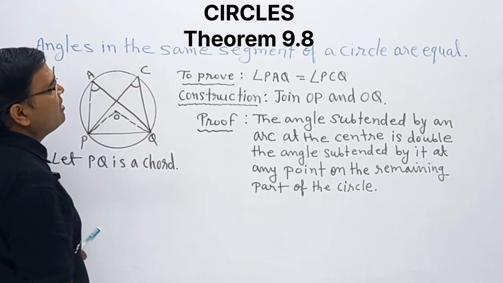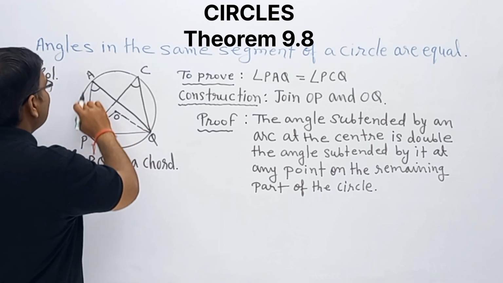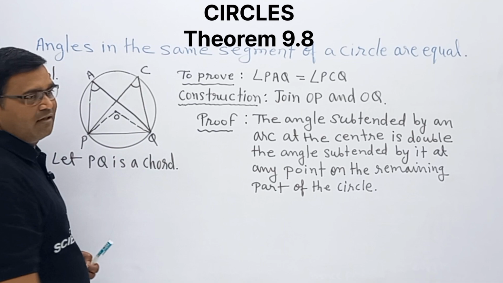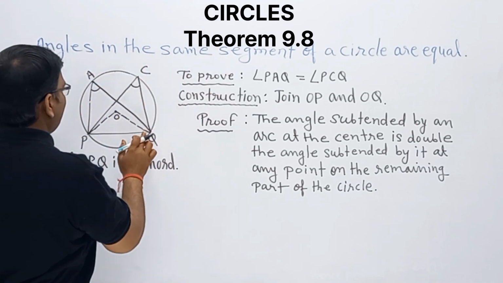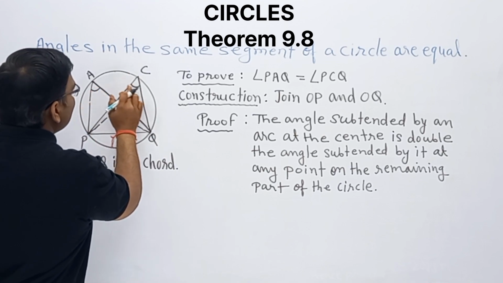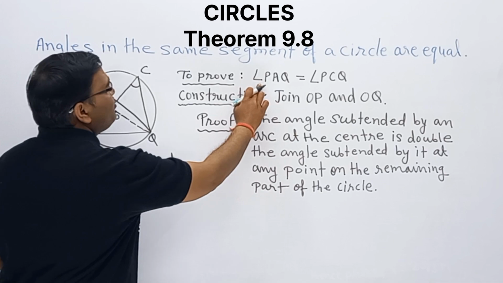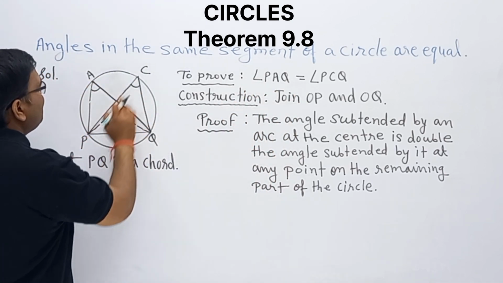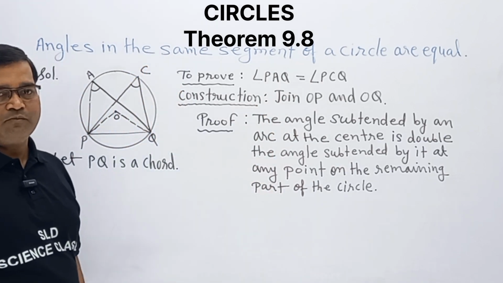These two angles are in the same segment. In the major segment we have these two angles. We want to prove that angles in the same segment are equal. It means angle PAQ equals PCQ. This is what we want to prove.